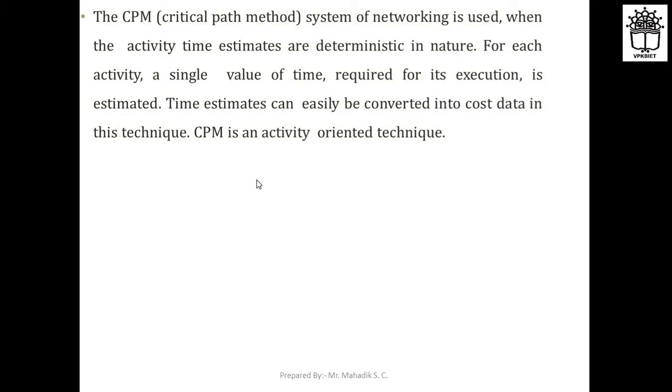For each activity a single value of time required for its execution is estimated. The time estimates can easily be converted into cost data in this technique, and CPM is an activity oriented technique, remember that. So we go for CPM when the activity time estimates are deterministic in nature, that means it is possible for us to calculate the activity time estimation.